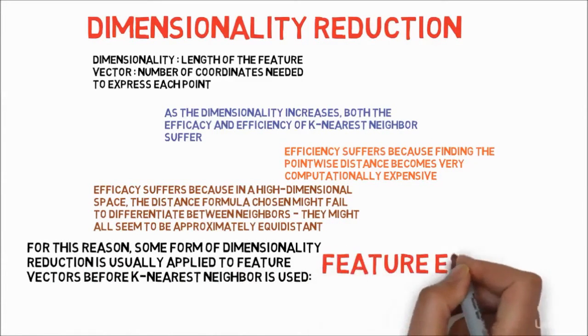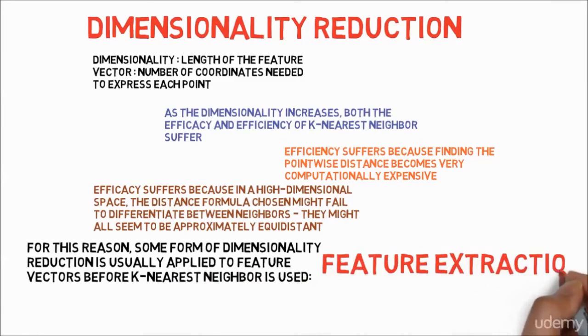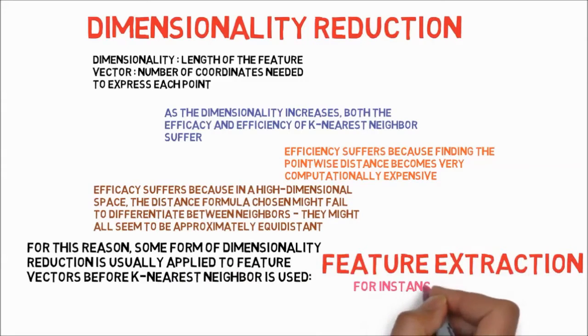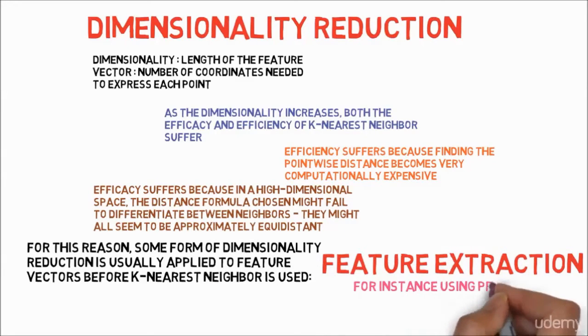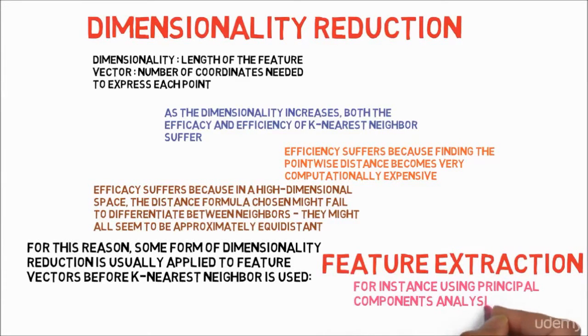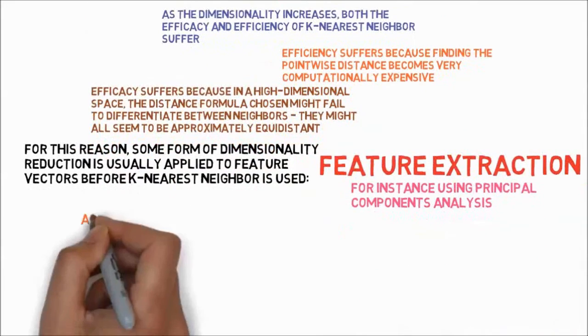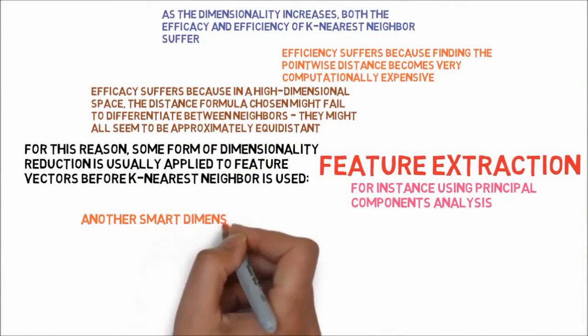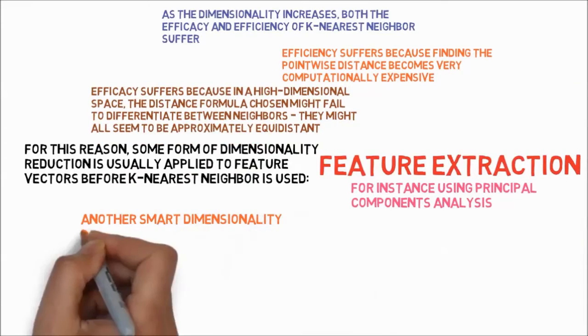Dimensionality reduction in this case is done using feature extraction. This is basically a process to create new features of lower number of dimensions using some technique like principal components analysis. Another smart way to do dimensionality reduction is to use hashing.